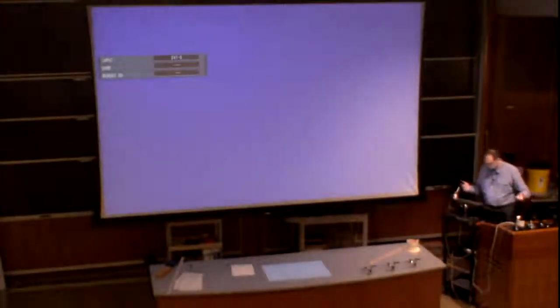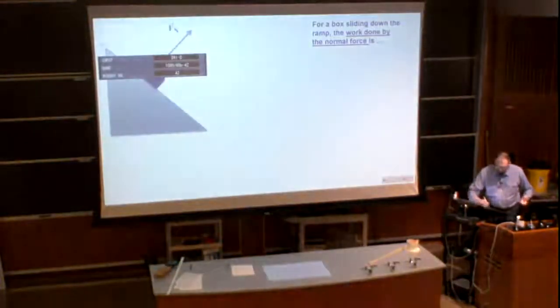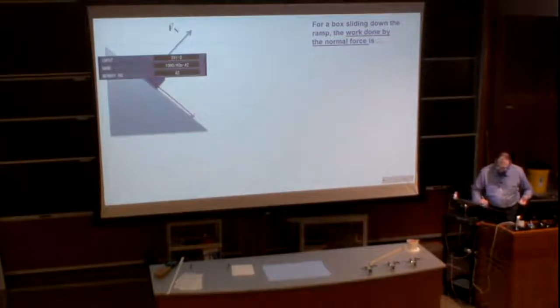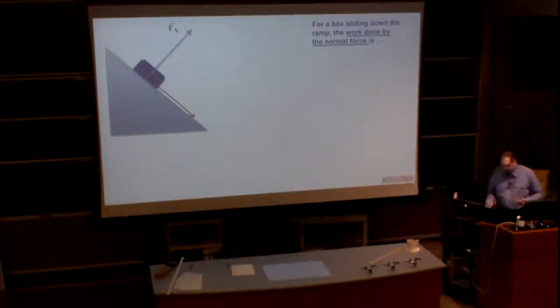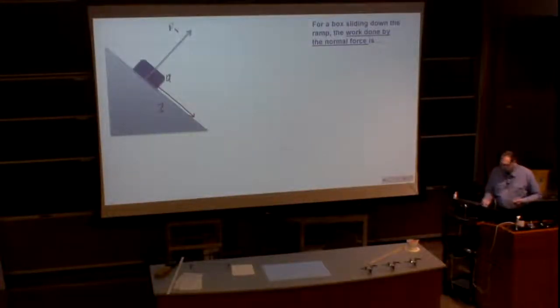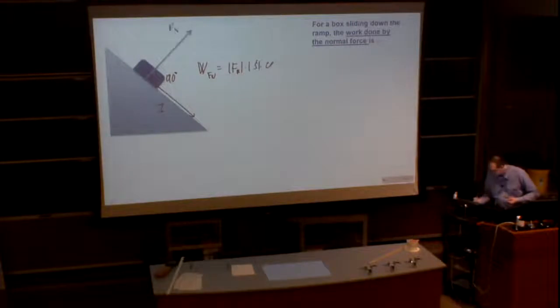Because in this situation, of course, if we draw the displacement vector and we look at the angle between the normal force and the displacement, the angle will be equal to 90 degrees, which makes the work done by the normal force equal to 0.